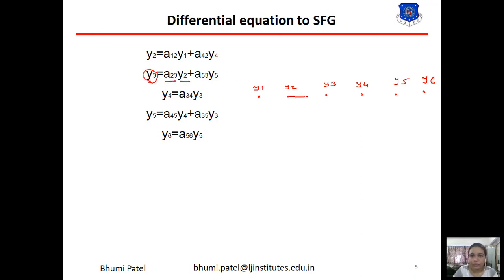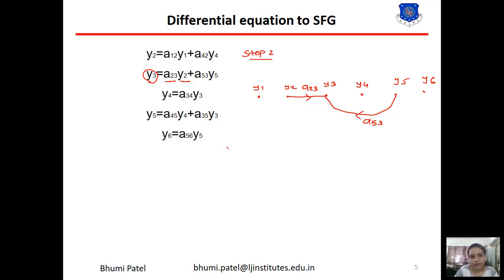So the y2 to y3 arrow will be like this, with gain a23. Now plus a53 y5: the starting point is y5 and it ends at y3, and the arrow is a feedback path, and the gain is a53. This is step number 2.